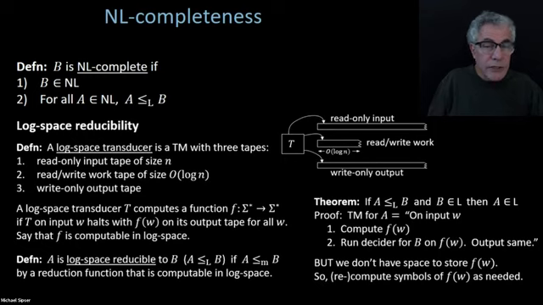What's the running time for this log space reduction? It's all going to be a log space algorithm, so it's all going to be polynomial. Is there any NP completeness reduction which can be done in log space?